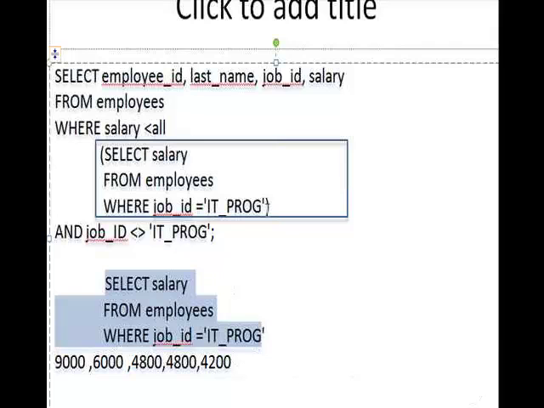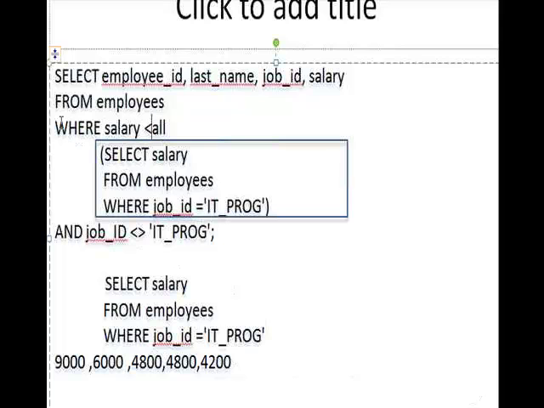This is the subquery, so I can replace this area with salary less than 9,000, 6,000, 4,800, and 4,200. That's what I can use.